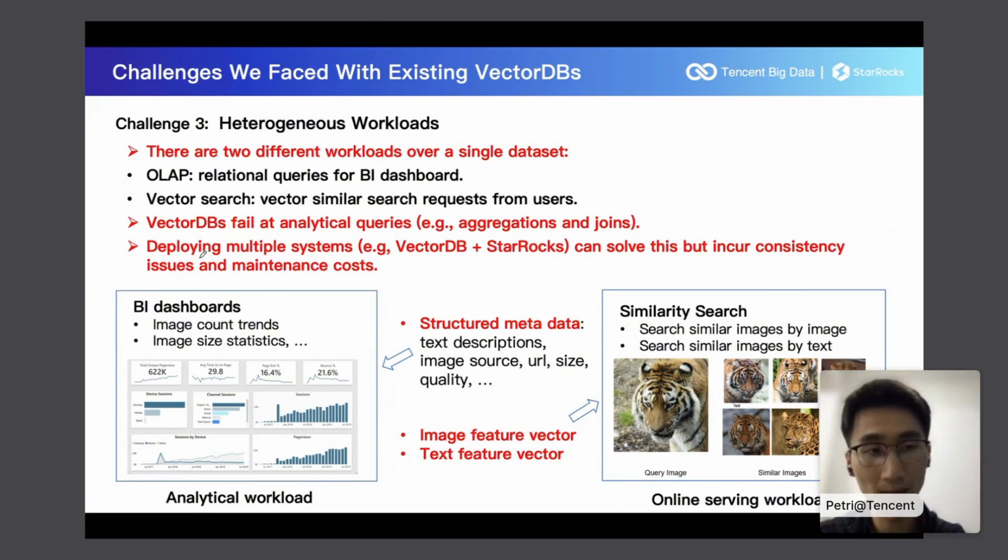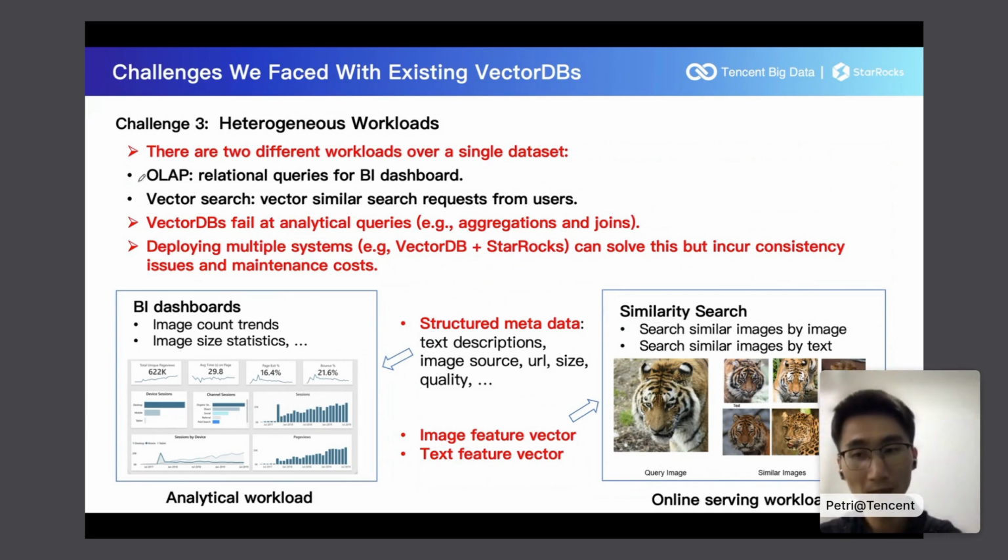And the other one is vector search. VectorDBs are efficient for vector search. However, they fail at analytical queries, such as aggregation queries and join queries.